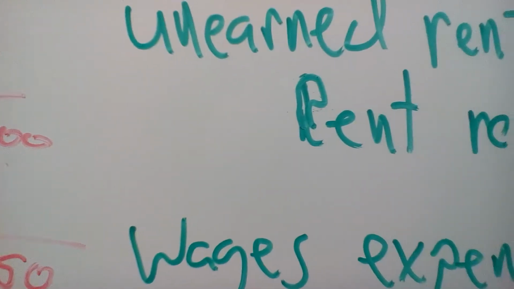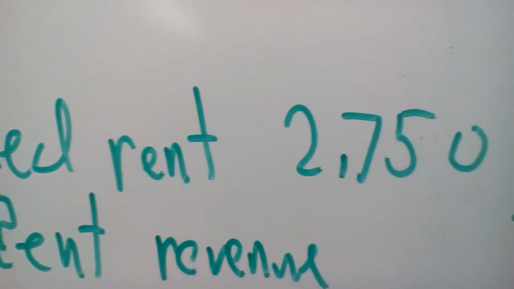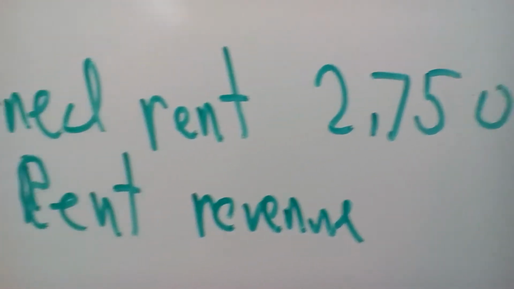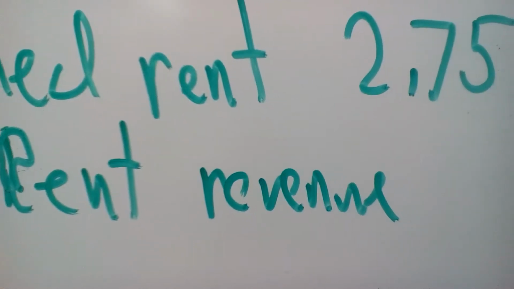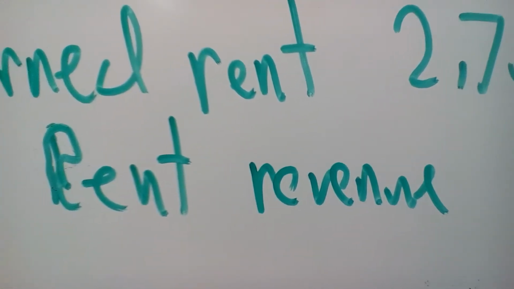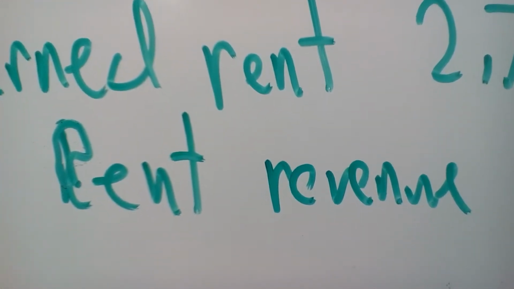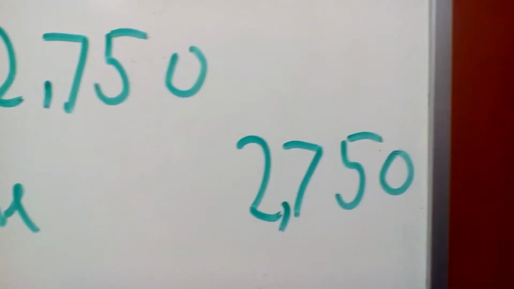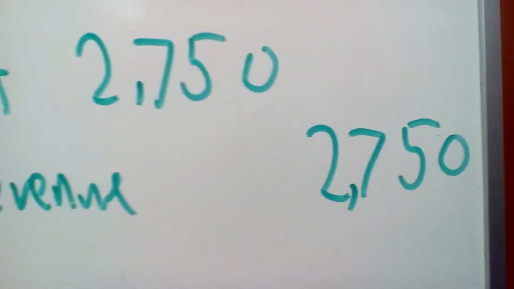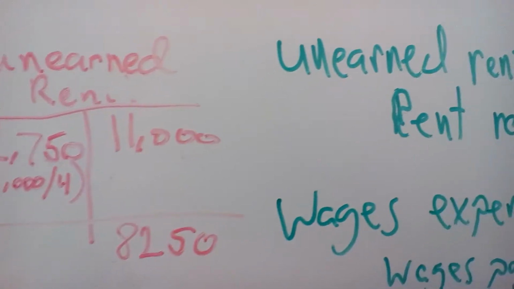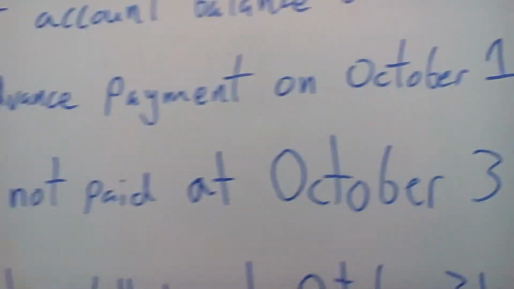Here's the entry: we debit unearned rent for 2,750, and we credit rent revenue, or rent income, or earned rent, whatever account you have, for the same 2,750, because now we've earned it. It's gone from a liability to being earned.